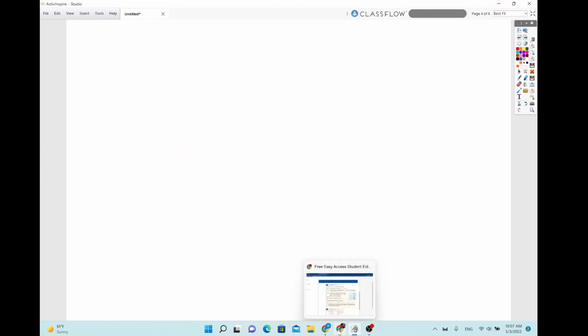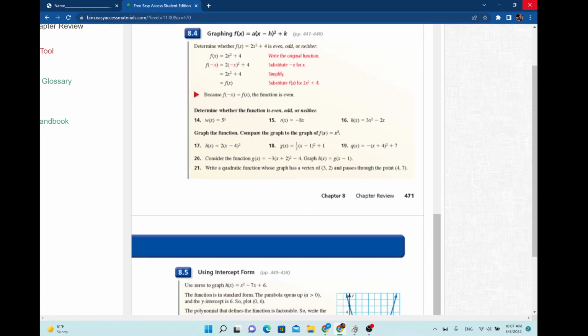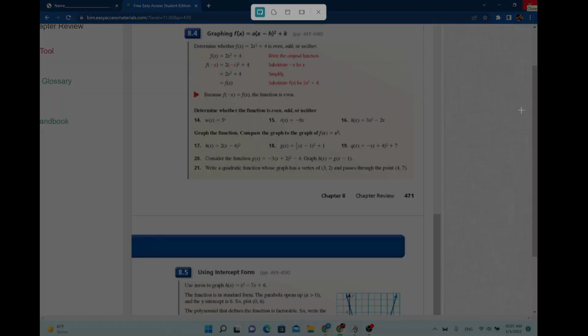Okay, so now let's see what else we have for the other one. Going back to the vertex form, let's deal with the one with the negative.